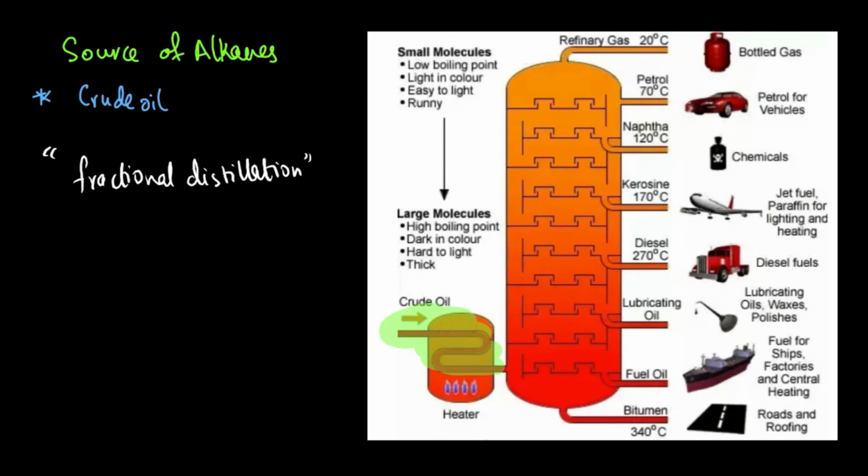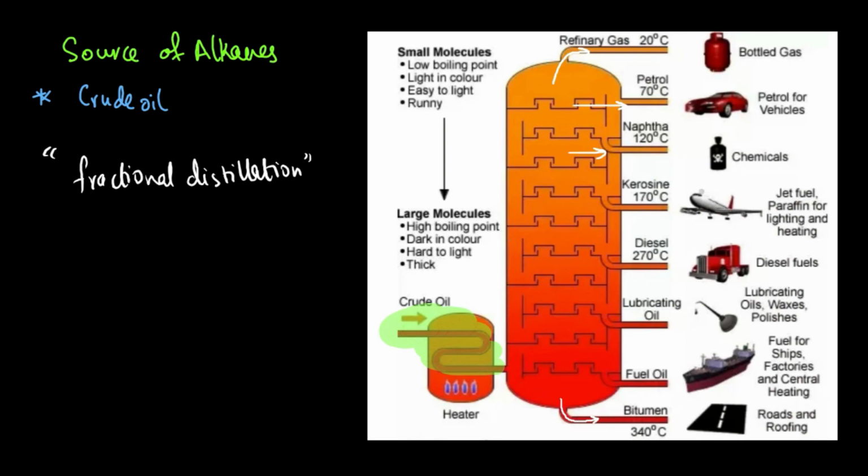Okay, now these fractions are being produced, and first of all, since refinery gas has the lowest boiling point, that will be released at 20 degrees, then petrol will come out at 70 degrees, naphtha at 120, and so on and so forth, and then lastly bitumen will come out at 340 degrees.